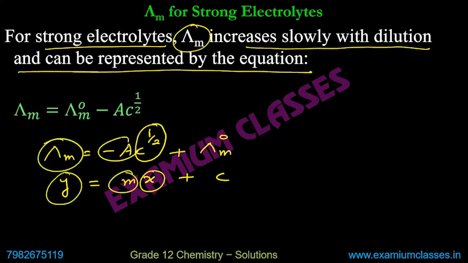The slope is minus A, and this is a straight line. The intersection on the y-axis is the limiting molar conductivity. This is c, the y-intercept.